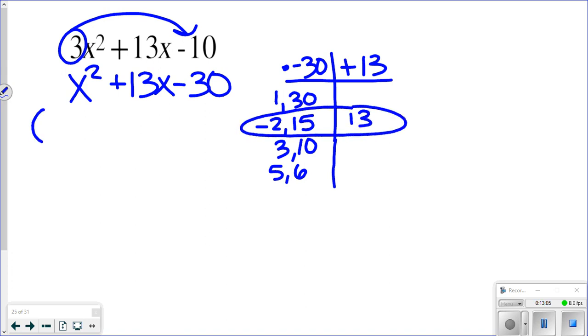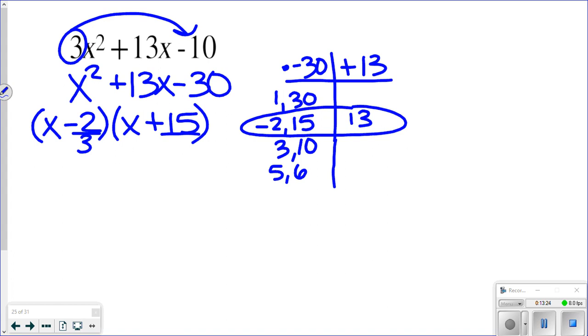So it's going to be x minus 2, x plus 15. A lot of us want to use 3 and 10 for this question, but we have to be careful with that, especially while paying attention to our signs.